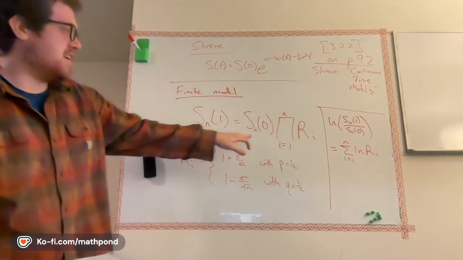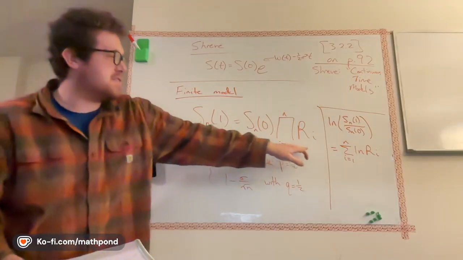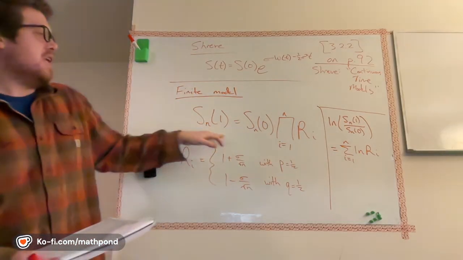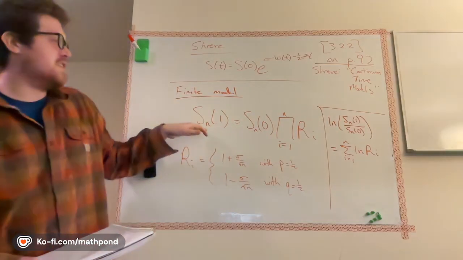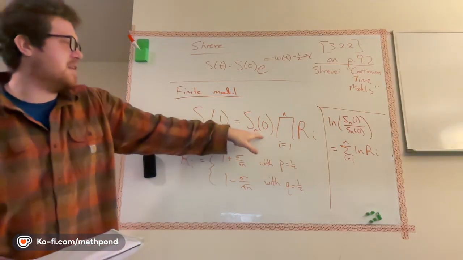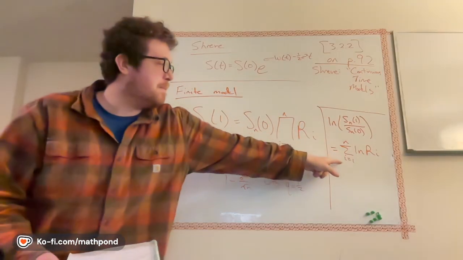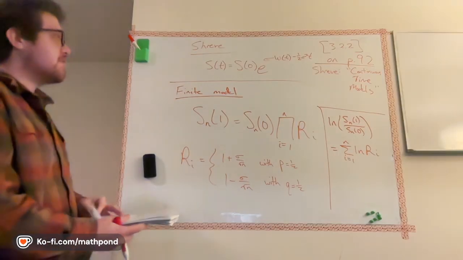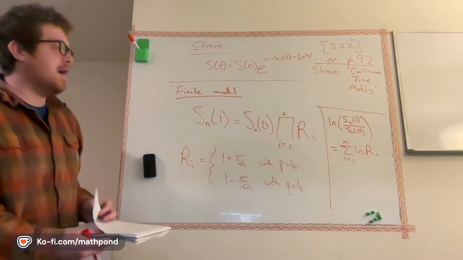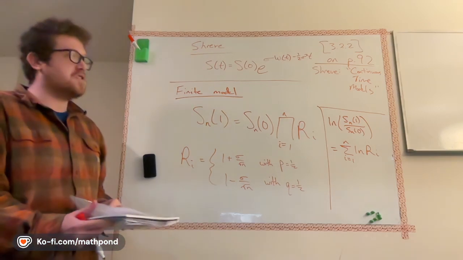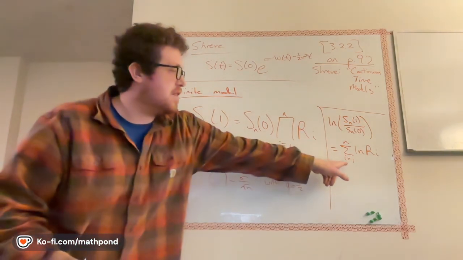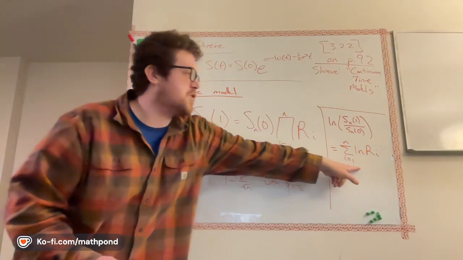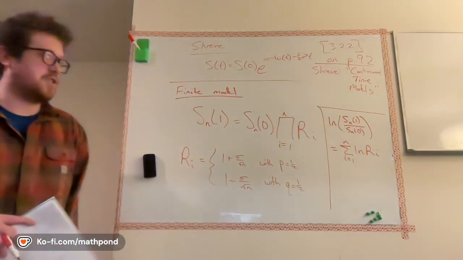So yeah, we have this giant product, right? As n is getting bigger, there's more and more factors here, but no matter how many factors there are, we can just take the log of this divided by this, and it's just this sum right here, the sum of the logs. Okay, so that's basically the statement. And what we want to do is use the central limit theorem on this sum to say that this is approaching some normal distribution.